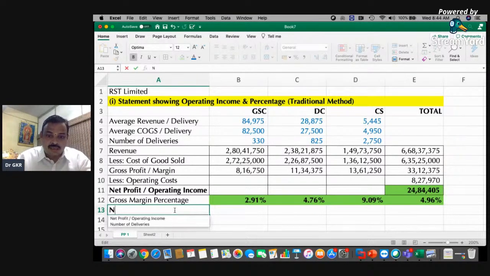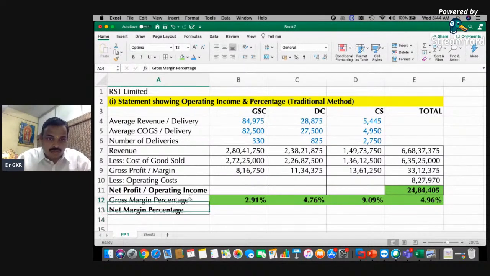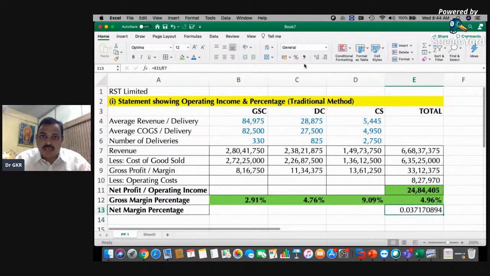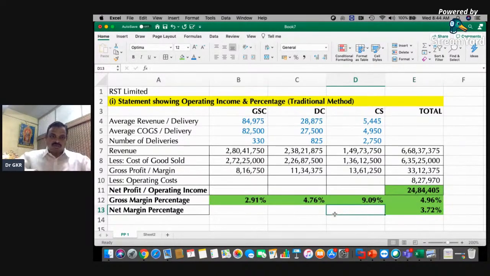We'll call it operating margin percentage. These are all control numbers for your information. So what is it? 24 lakhs 84,405 divided by 6 crore 68 lakhs, which is 3.72%. Okay, good. So we have got up to this.